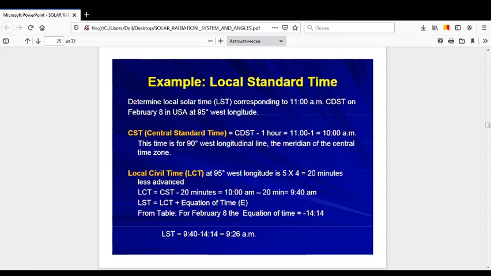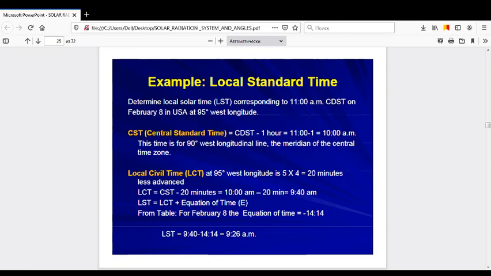CST, Central Standard Time, is CDST minus 1 hour, which is 11 minus 1, that is 10 am. This time is for the 90 degrees west longitude line, the meridian of the central time zone. Local civil time, LCT, at 95 degrees west longitude is 5 times 4, 20 minutes less in advance.